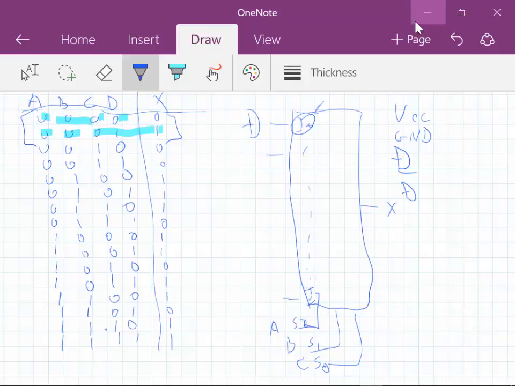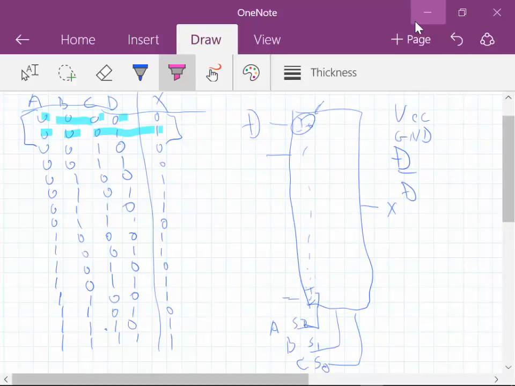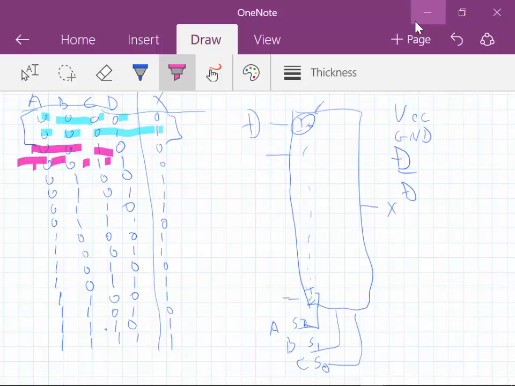When I look at I1, right here, and where's my color select? Oh, here's my color select. I'm going to pick probably some ugly colors, but right there. You can see that's 0, 0, 1, right? ABC is 0, 0, 1.